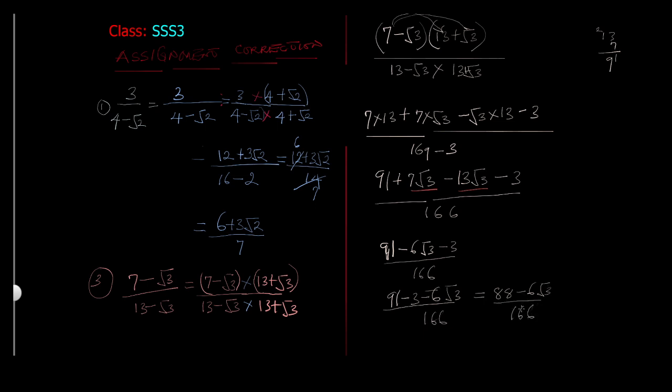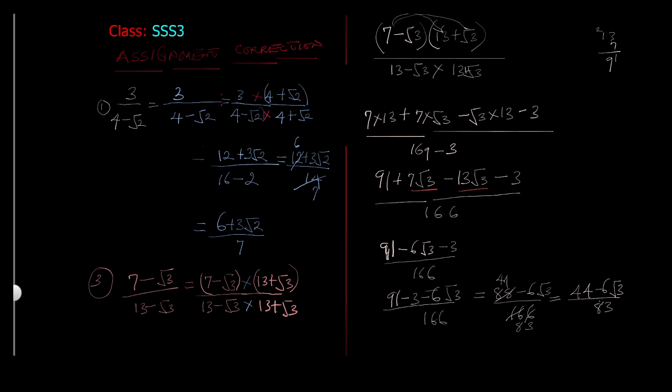You can attempt to break it down. 2 into 166, 83. 2 into 6, 3. 2 into 88 is 44. So the new answer could be 44 minus 3 root 3 all over 83. We cannot divide 44 and 83 further.